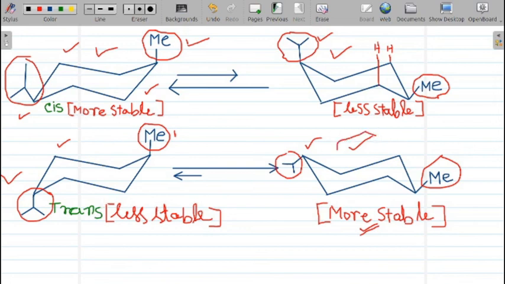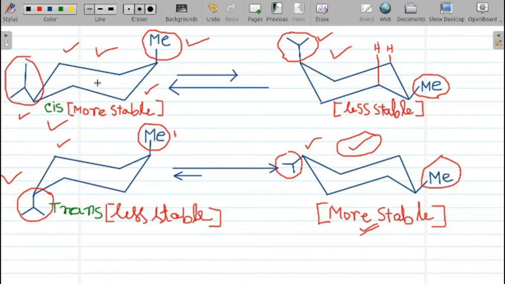This conformer is more stable in the trans isomer, where the two substituents are present at the equatorial position. In the cis conformer, if the two substituents are the same, like two methyl groups, then no conformation will predominate in the equilibrium.